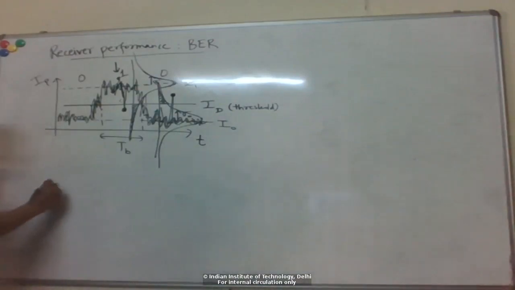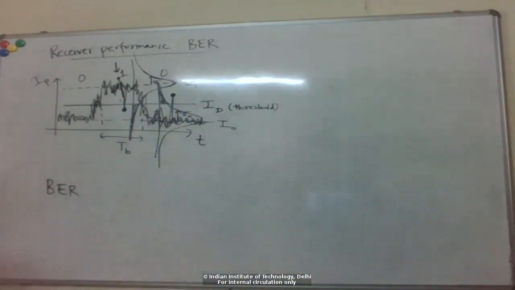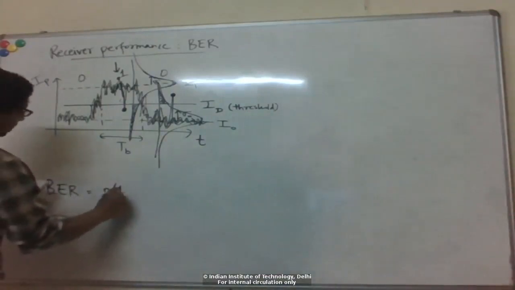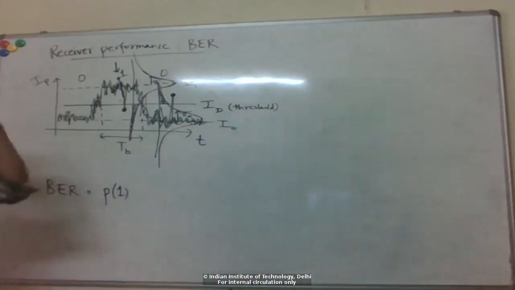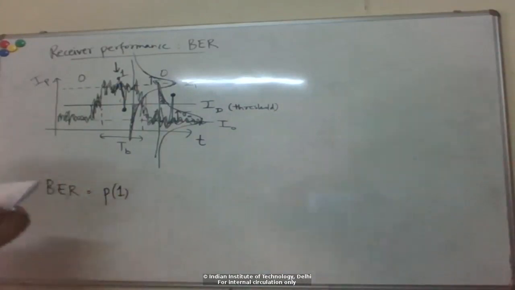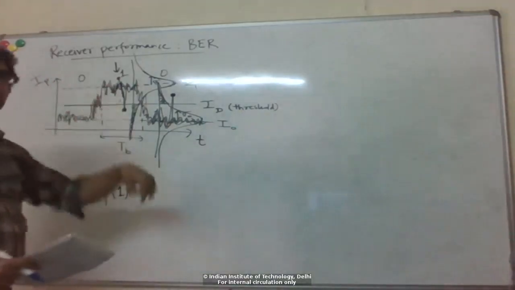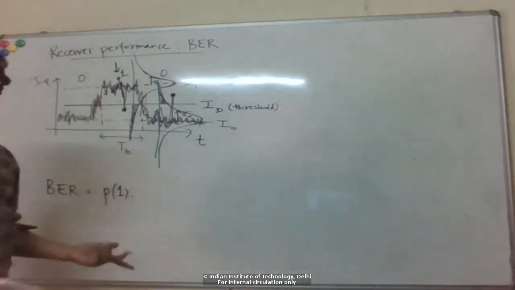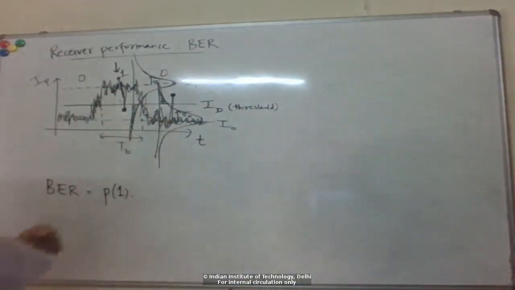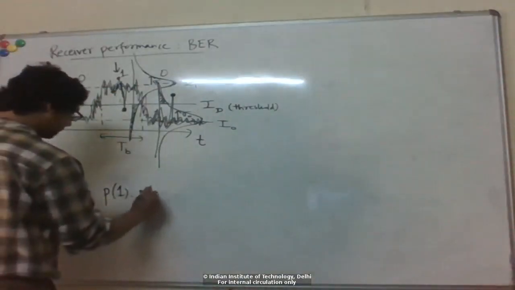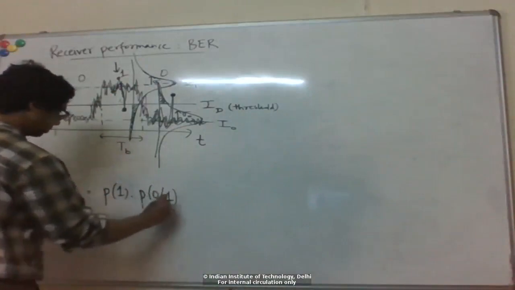So the bit error rate that I will have will be the probability that symbol 1 was sent at the transmitter, multiplied by the probability that I detect 0 at the receiver. That's one kind of error: 1 was sent and 0 was detected. So this would be the probability that I detect 0 given 1 was sent.